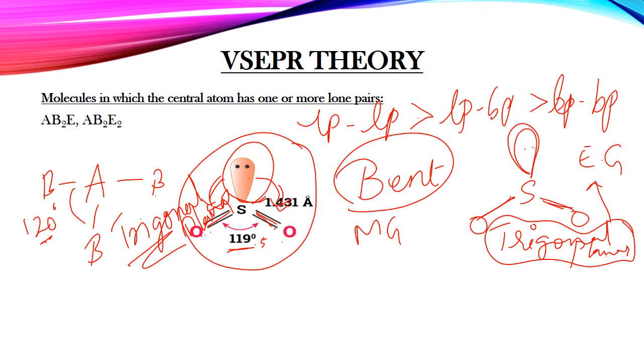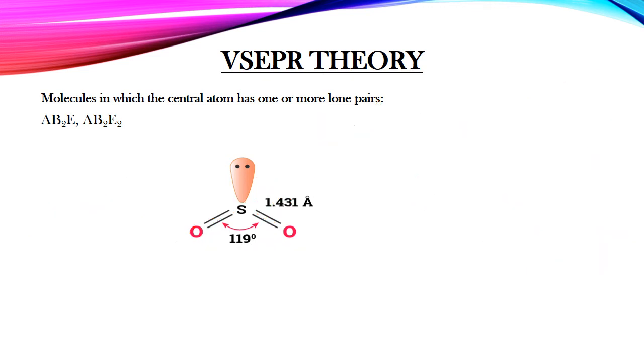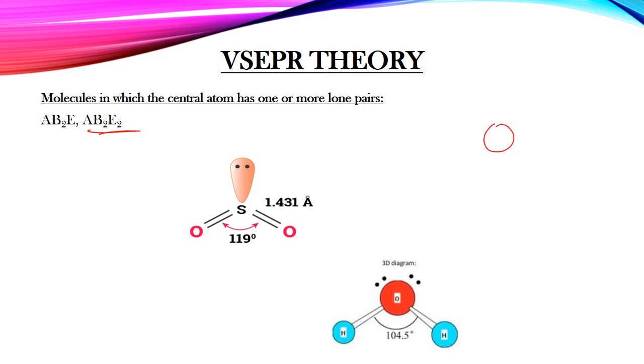The next one, where we have two lone pairs around the central atom. The simplest example for this is water. Again, in case of water, if we consider only the bonded pairs, the molecular geometry is bent.